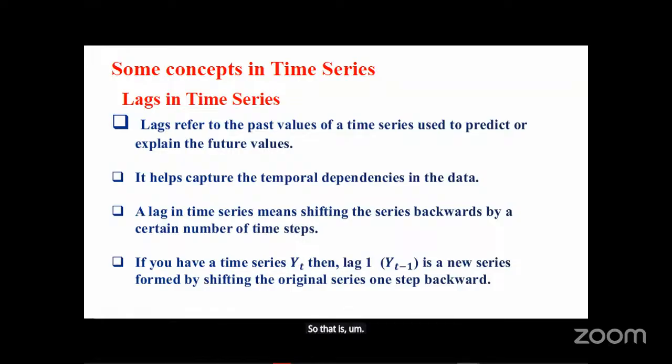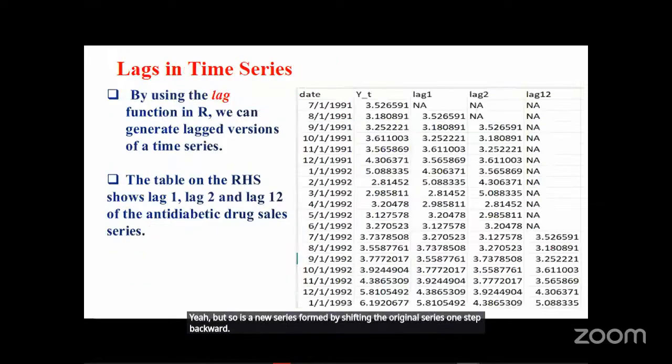So that is, something like data that was collected yesterday and today. If you have a time series y of t, let's say the observation of today, then the lag is the previous time. It is a new series formed by shifting the original series one step backward.